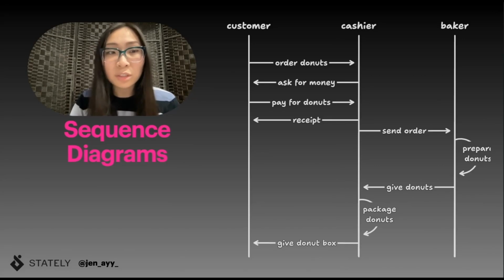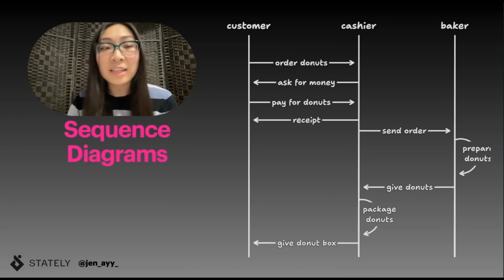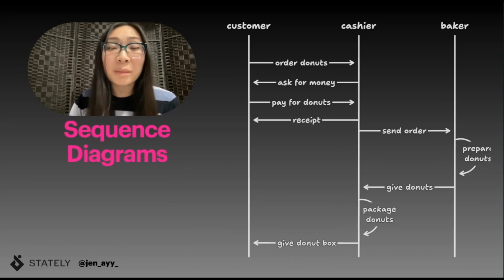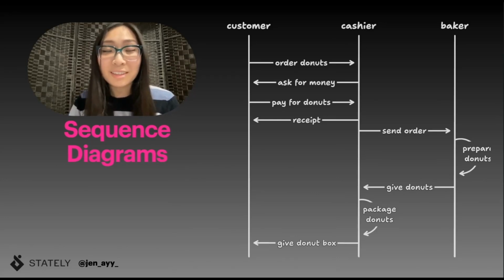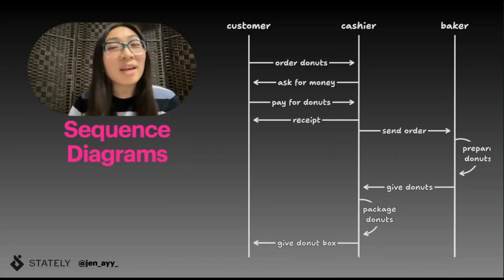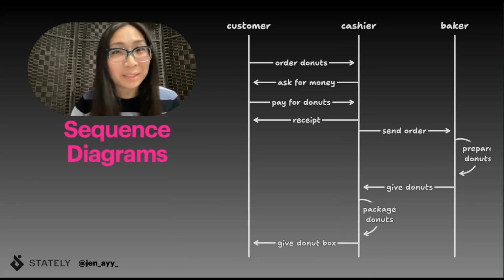Once the customer pays for the donut, the cashier is able to hand the customer a receipt. And after that, the cashier sends the order to the baker, who then prepares the donuts. This is actually a message that the baker sends to themselves, because in this scenario, there's only one person working. When the baker is done, they then give the donut to the cashier, who then packages the donut. But again, in this solo job, it's the same person. And the cashier gives the donut box to the customer.